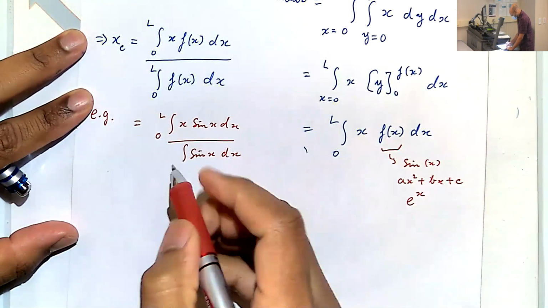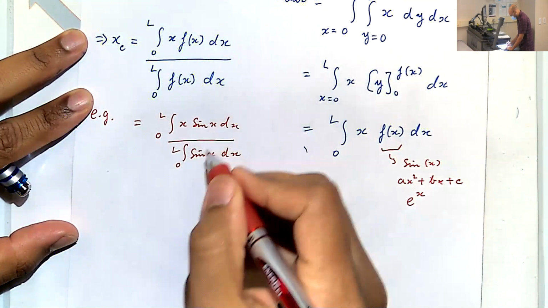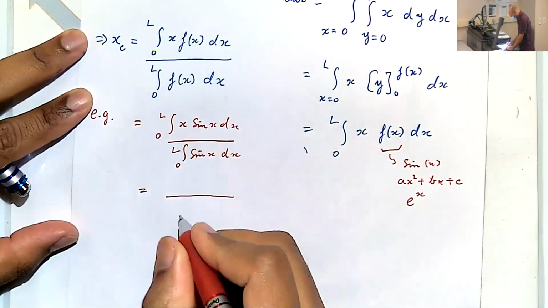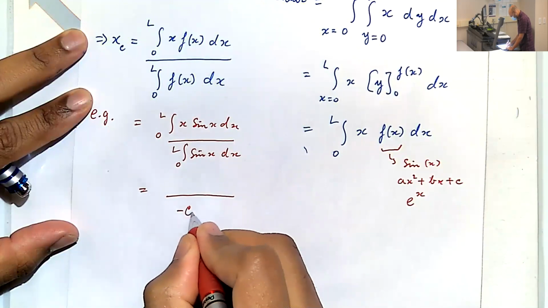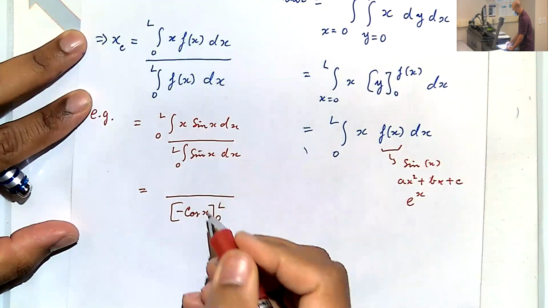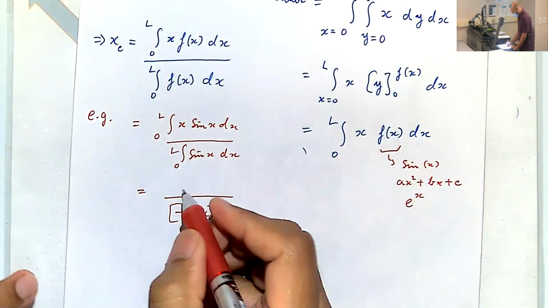So you don't just cancel out the sine and the sine here because the bottom will evaluate to minus cosine x from 0 to L, and the top part, you have to do integration by parts. So you'll have 2 different terms. So can't cancel out.